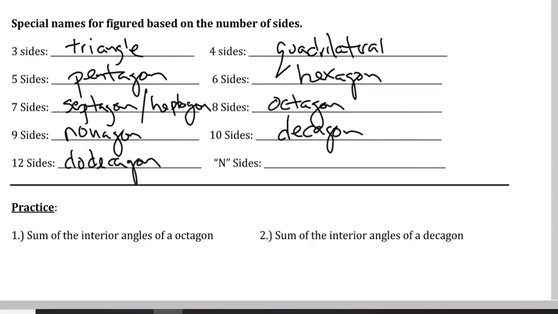Now I'm sure there is a real name for a 13-sided figure, 14, 15, and so on. These are the only ones I want you to memorize the real names. Anything other than these, you can just say the number of sides gon. So a 20-sided figure would be a 20gon, 21gon, and so on. So n sides is an n-gon. 31 sides, 31gon. These are the only ones I want you guys to memorize the real names.